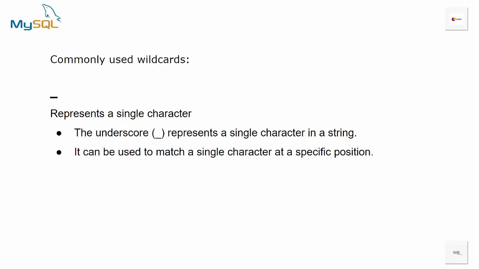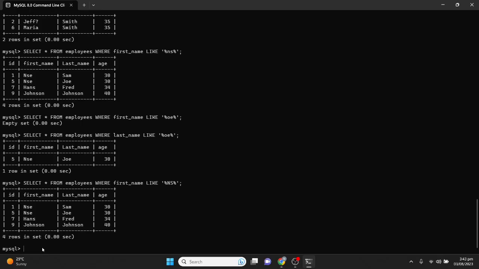Now let's talk about another wildcard, the underscore. Underscore is used to represent a single character in a string. It can be used to match a single character at a specific position. Let's head back to the command line client and see some examples.